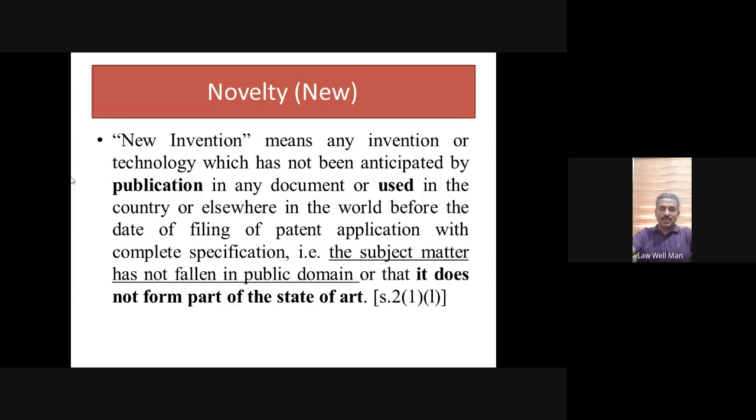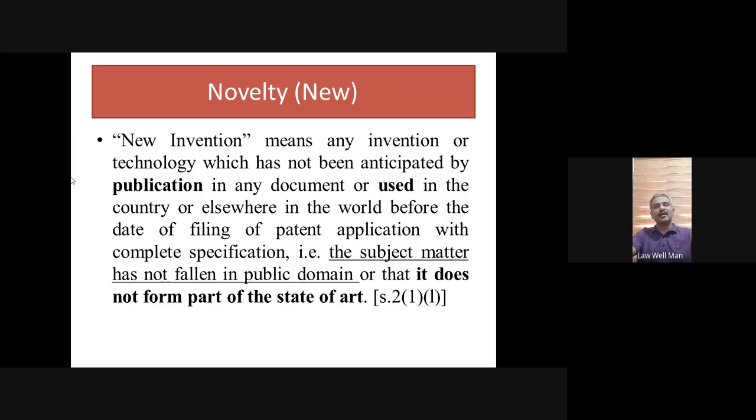If it is a pharmaceutical related invention, what's the present state of affairs as far as that particular area of pharmaceutical is concerned? And the question is whether it has gone forward from that. So if it is already known, or if it is already part of state of art, then it is not novel, it's not patentable. That's the situation.